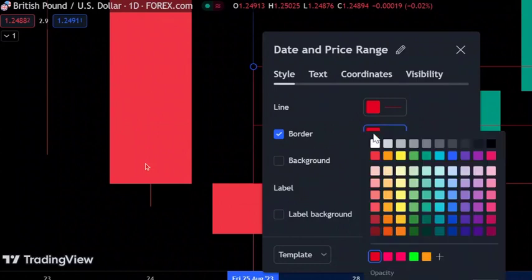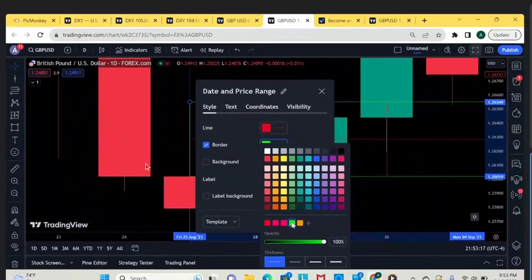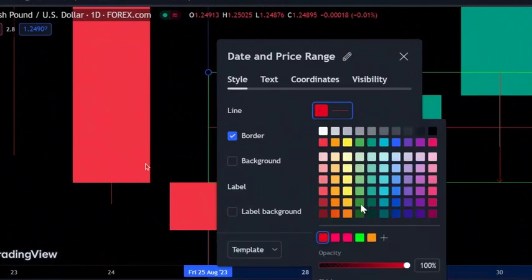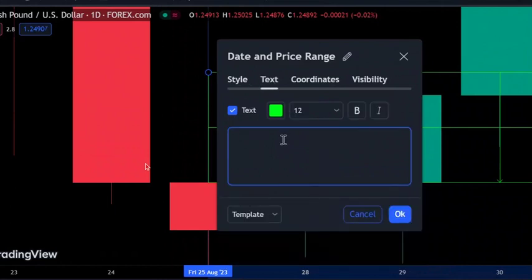Yeah. Let's make it green. OB, you got BO.